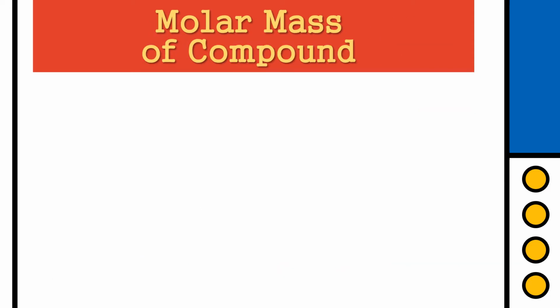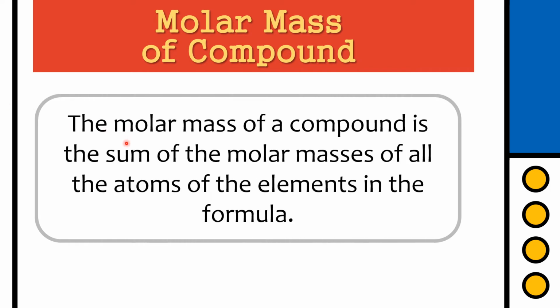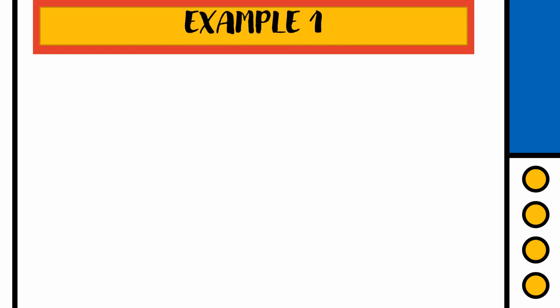So, apa yang saya terangkan tadi untuk carbon dioxide is actually this part. Okay, molar mass of compound. So, the molar mass of a compound is the sum of the molar masses of all the atoms of the elements in the formula. Okay, contoh tadi, saya bagi carbon dioxide ni, sekarang saya bagi yang kompleks sikit.